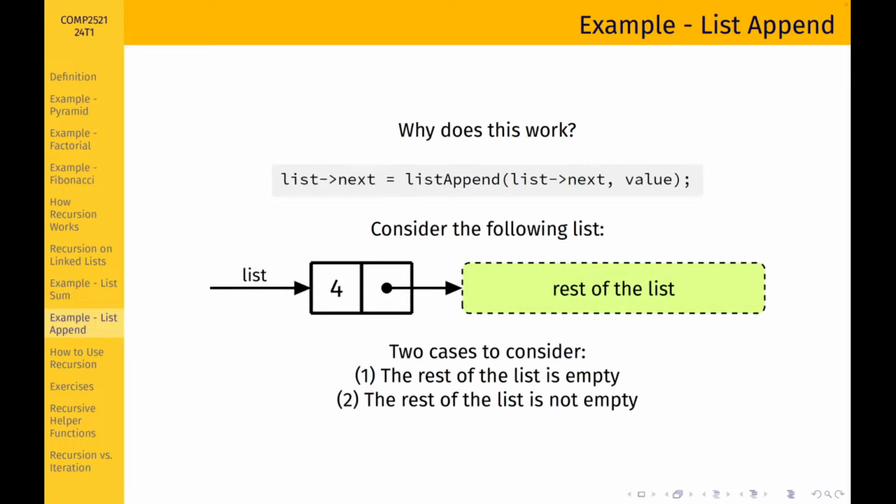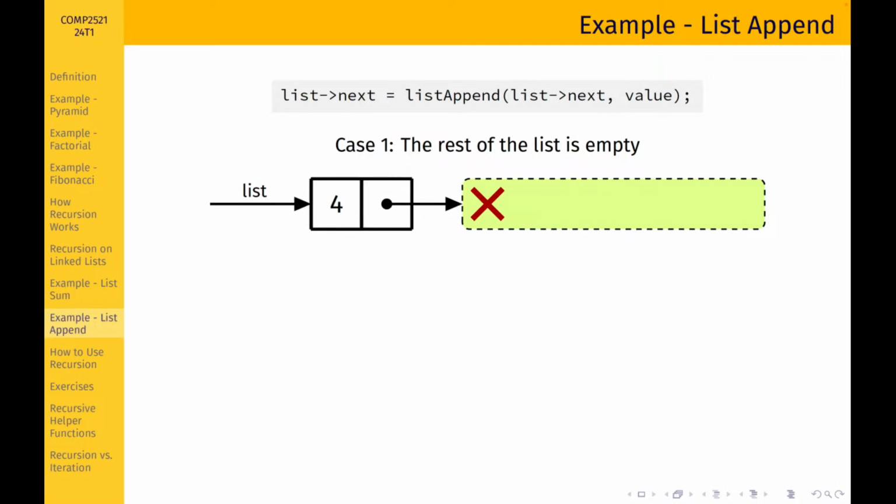So if we have a list with one node, then list append is going to be called on this node, but then it's going to call list append again on an empty list, because the rest of the list is empty. And that function call is going to return a new node back to the original list append function call. And then the new node is going to get attached to the list.